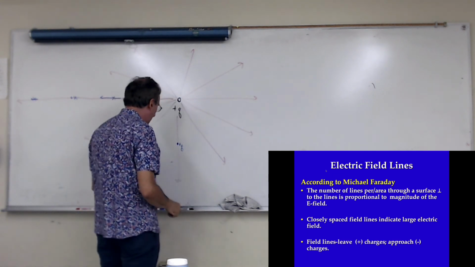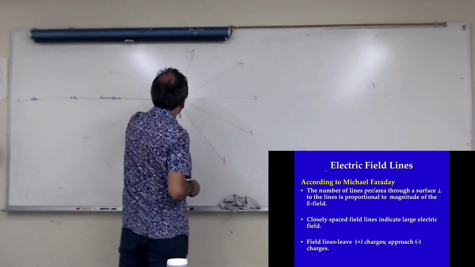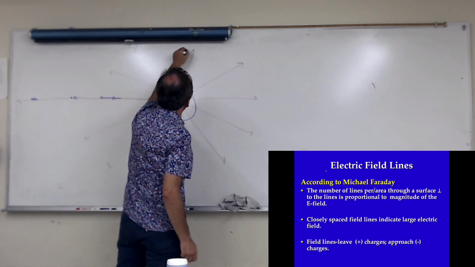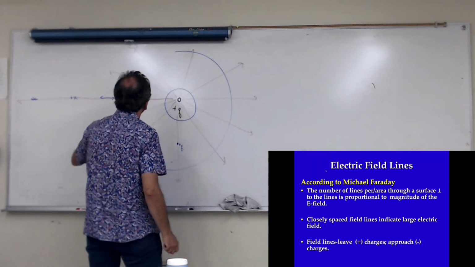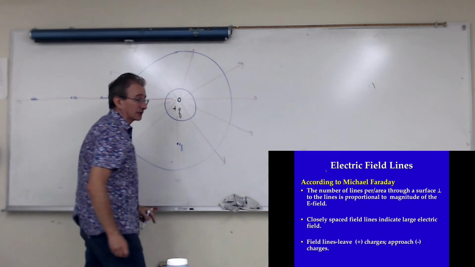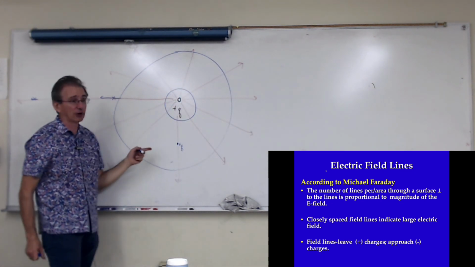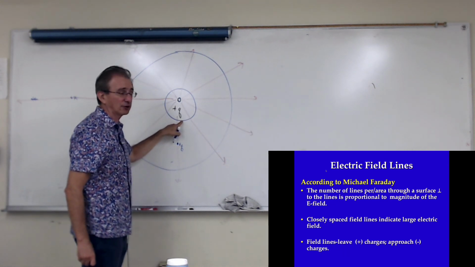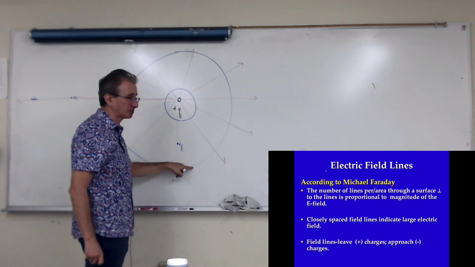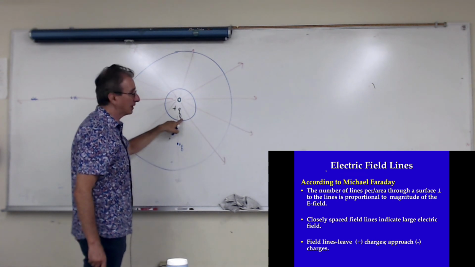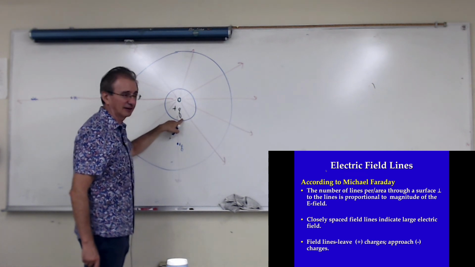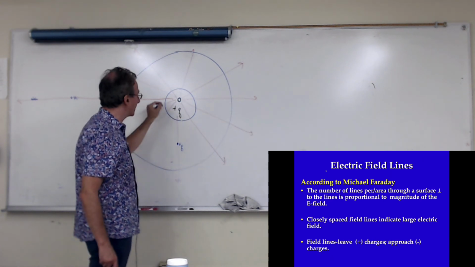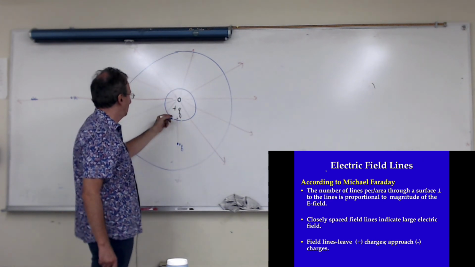So if I were to draw an imaginary sphere here and another imaginary sphere way out here, both of those spheres have the same number of lines penetrating through them. However, the number of lines per unit area penetrating the small sphere is much higher than those penetrating the big sphere. That means that the electric field is higher at the location of the smaller sphere, because you're closer to the charge.